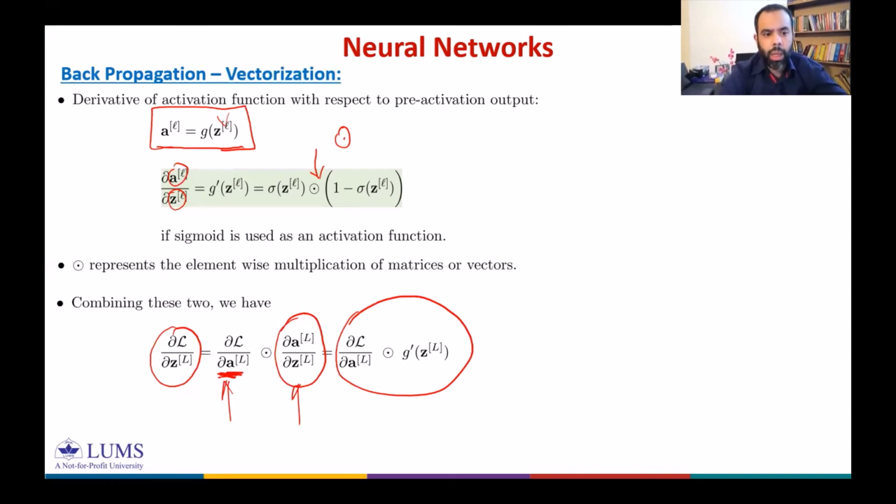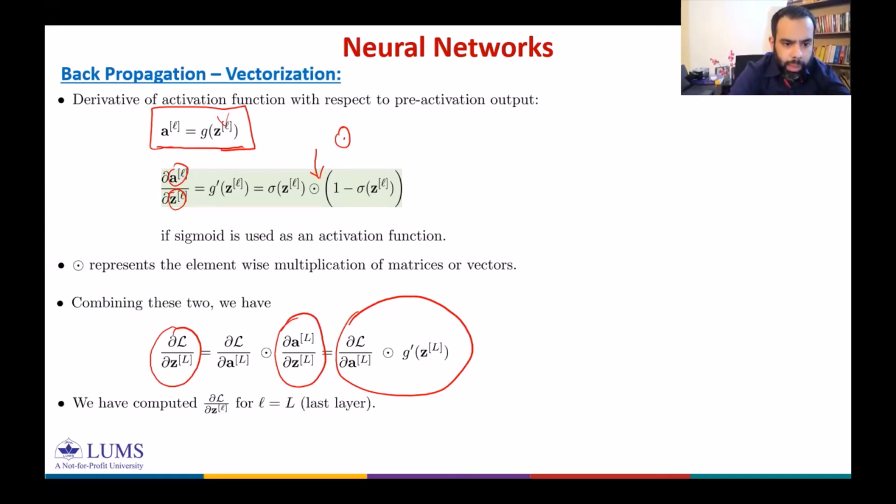So we have computed the partial derivative of the loss function with respect to Z^L for right now only for L equal to capital L, the last layer, but we want to compute it for every L, in fact.